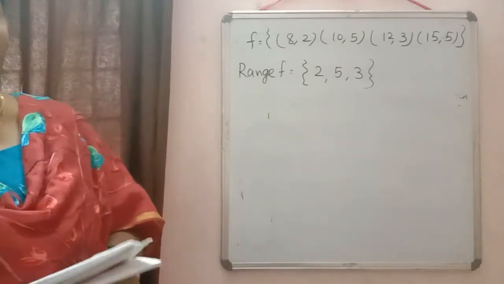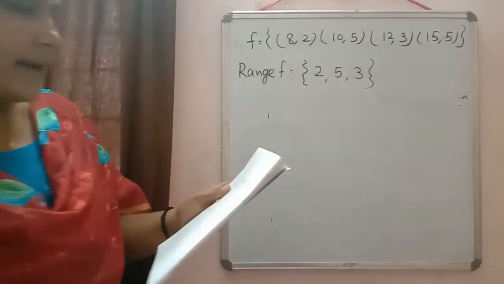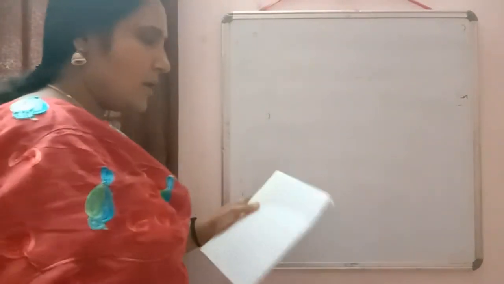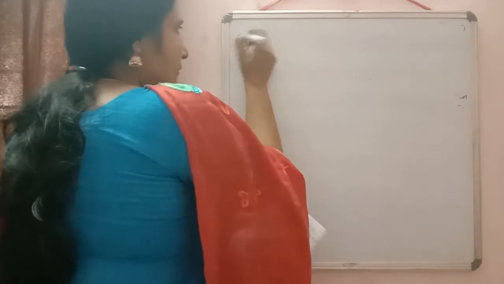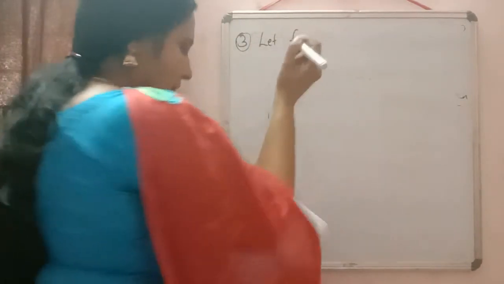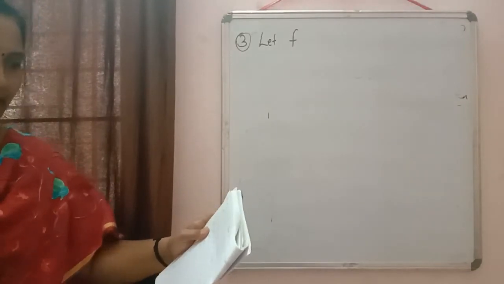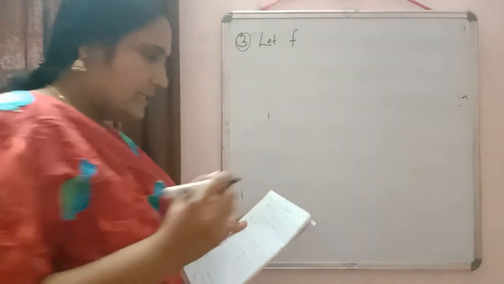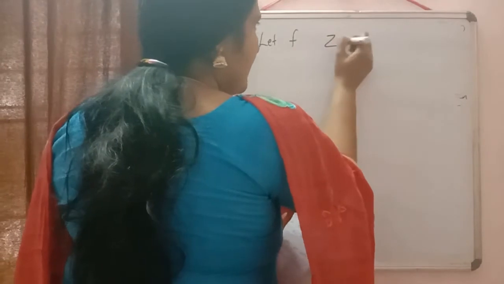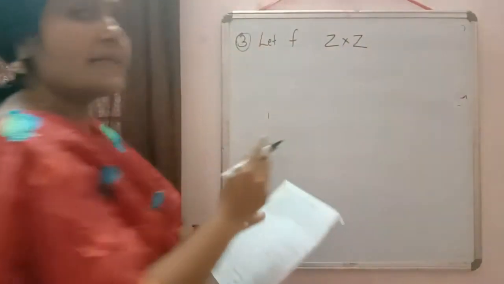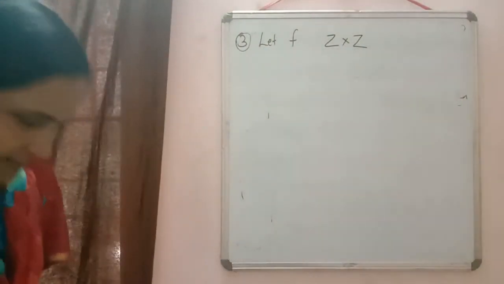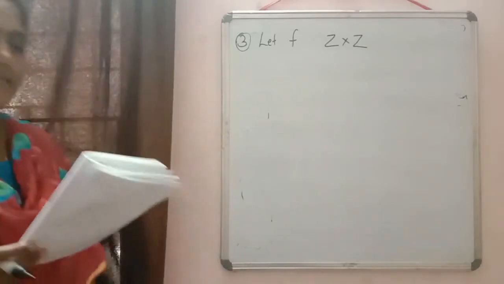Question number 3 is: let f be the subset of Z cross Z. Z cross Z means Cartesian product, and Z means set of integers.